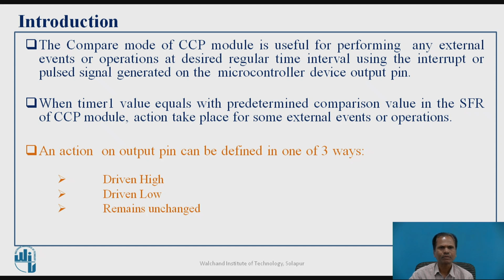Timer 1 is used to support the working of the CCP module for compare mode of operation. When the timer 1 value equals the predetermined, pre-programmed comparison value in the special function register of the CCP module, an action takes place for some external events or operations.